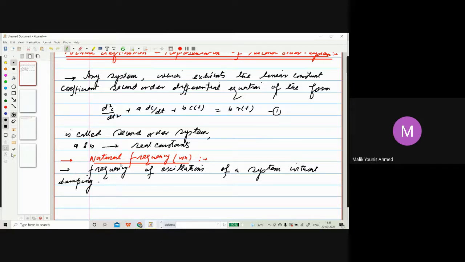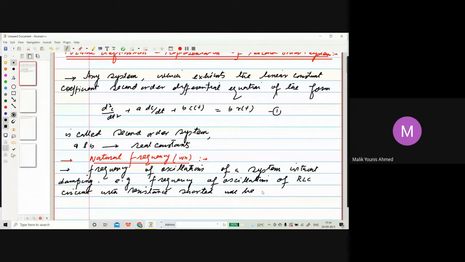For example, the frequency of oscillations of an RLC circuit with resistance short circuited will be the natural frequency.